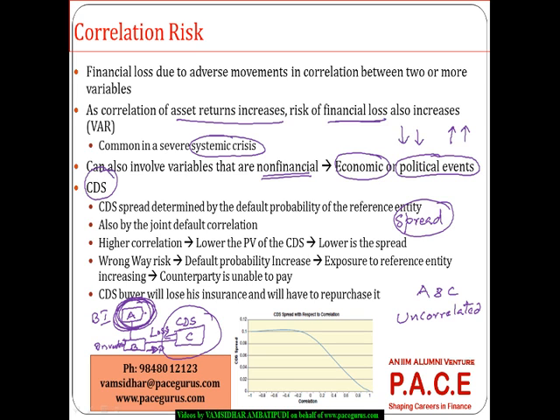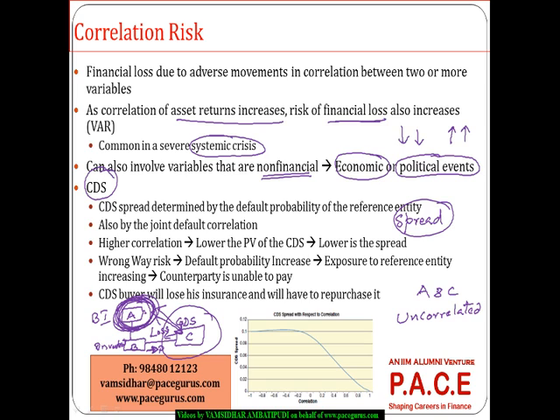If the probability of default of this entity is higher, the premium that is paid in terms of spread is higher, and vice versa. But along with the probability of default of this entity, we also need to see what kind of correlation exists between the two.